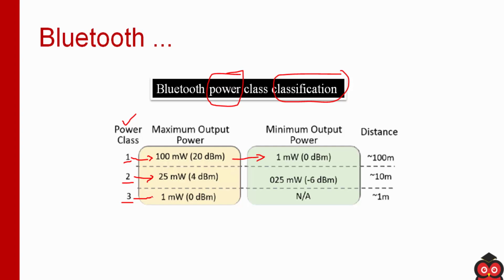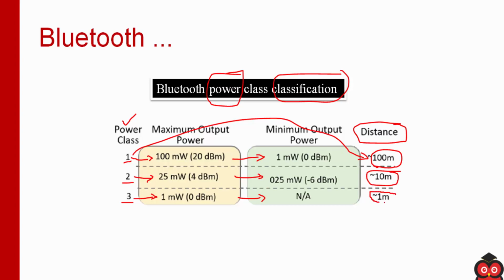You can pause the video and have a look at these. On the far end you have the distance for each class of devices. Class 1 devices have a range of 100 meters. Similarly for class 2 the range is 10 meters, and class 3 is 1 meter, very small distance.